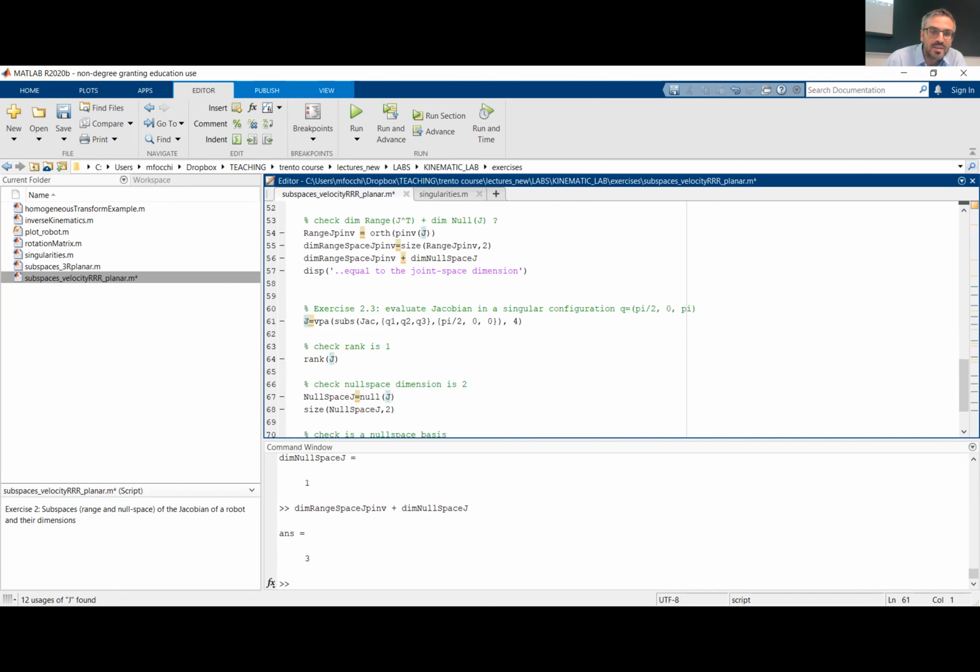And now we want to evaluate the Jacobian in a singular configuration. It is pi half, you remember, 0 and pi, or 0 in this case, sorry.